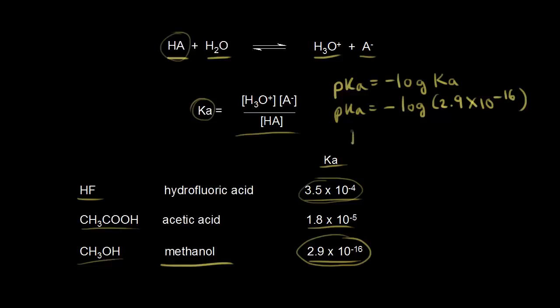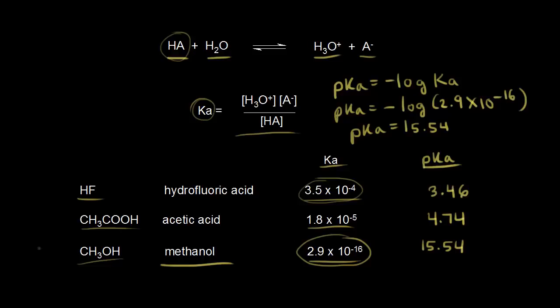So the pKa of methanol is equal to 15.54. So we could write in a pKa column right here, and for methanol, it's 15.54. If you did the same calculation for acetic acid, you would get 4.74. And once again, if you did this for hydrofluoric acid, you would get 3.46.